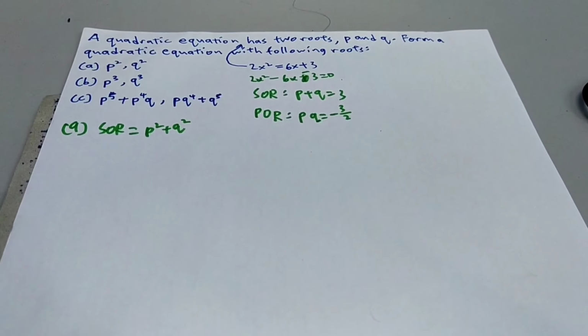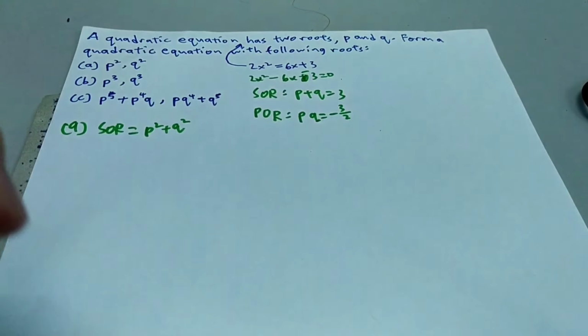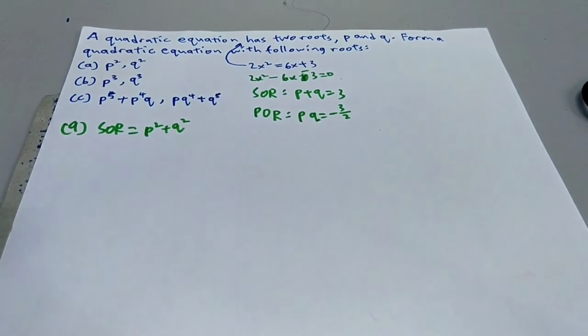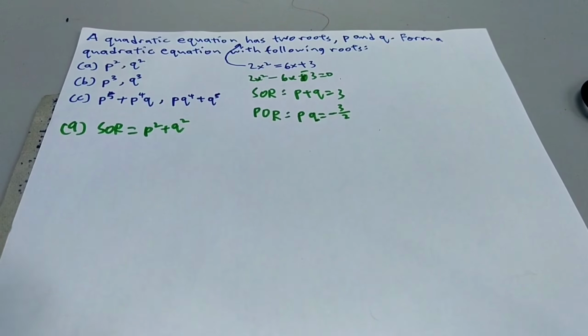We know that p squared plus q squared is part of p plus q bracket squared. Since p plus q bracket squared is the same as p squared plus 2pq plus q squared, we got the terms p squared and q squared, and if we take the 2pq to the other side, we will get its minus version.